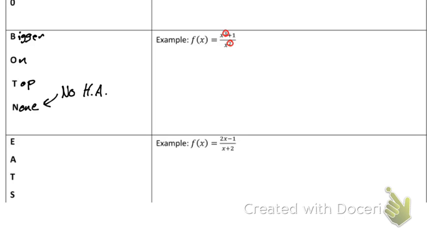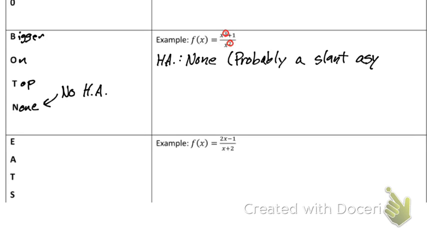It is bigger on top, so my horizontal asymptote would be none. And it's probably going to be a slant asymptote.